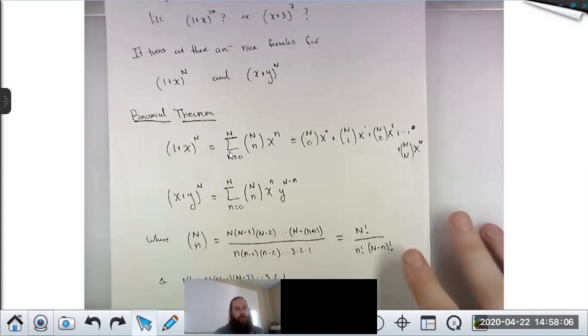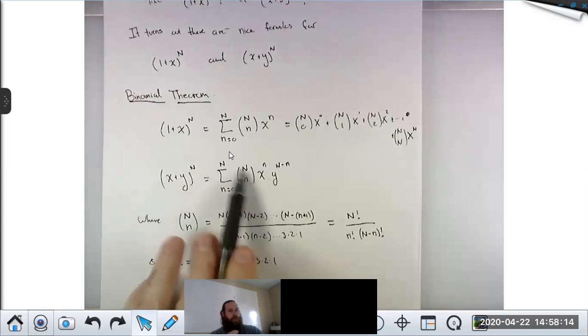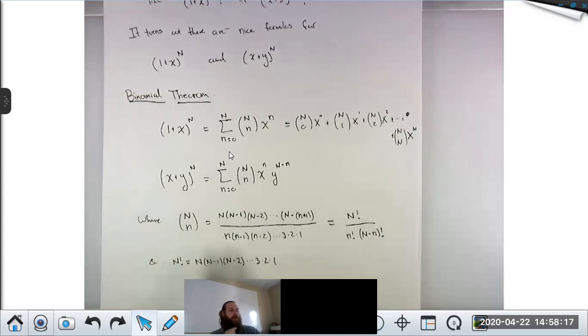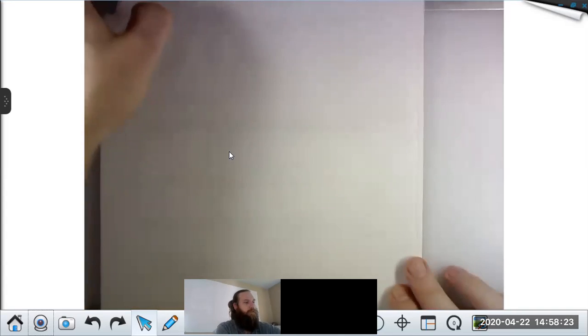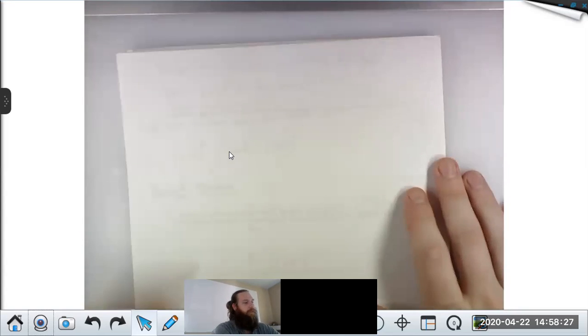So this binomial theorem business can be a useful way to expand large powers of binomials. And there is a fast way to remember what these binomial coefficients are that doesn't require using these formulas. So I'll go ahead and show you that. It's called Pascal's triangle, and then we'll use that formula to expand a couple things.